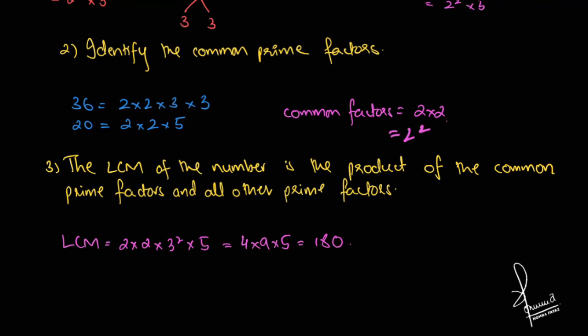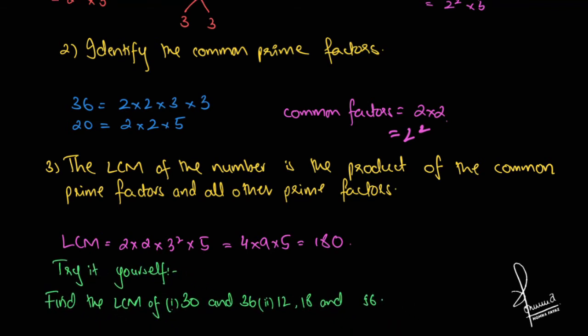So the LCM of the two numbers above is going to be the common factors, which you write once, multiplied by whatever factors are left. So when you solve this, 2 into 2 is 4, 3 square is 9, into 5 is 180. So the least common multiple of 36 and 20 is 180. Try a question yourself.